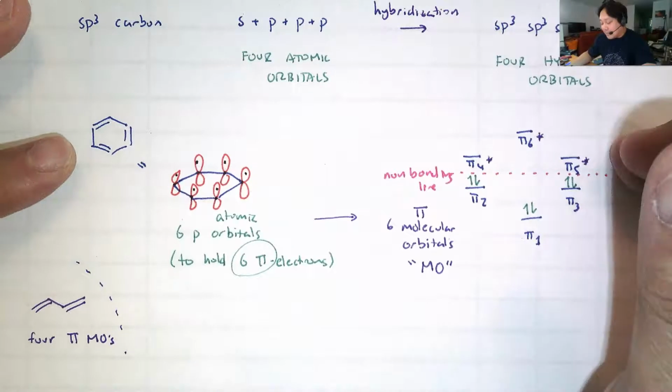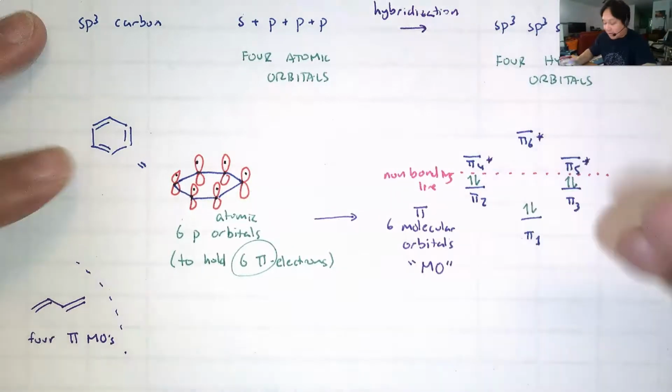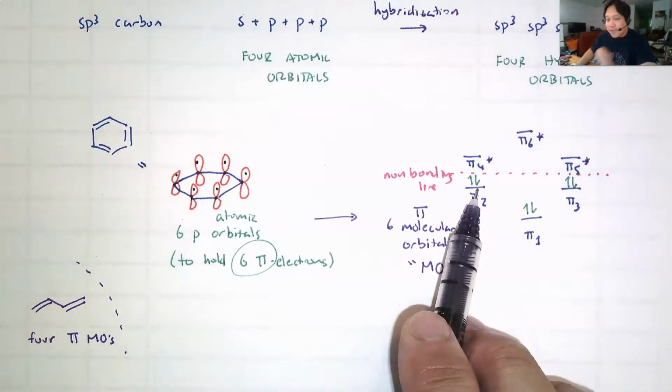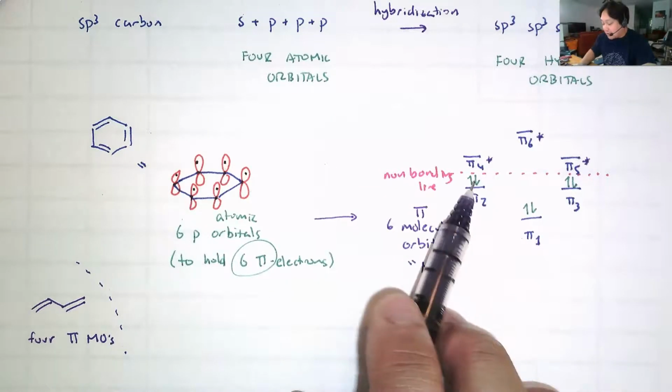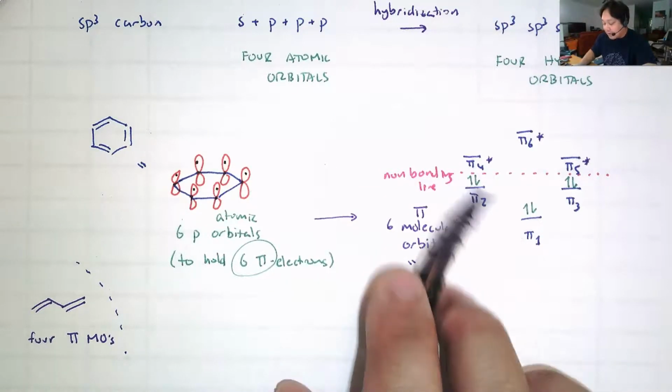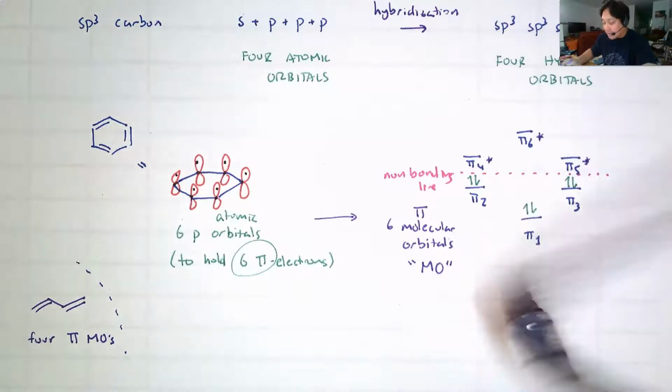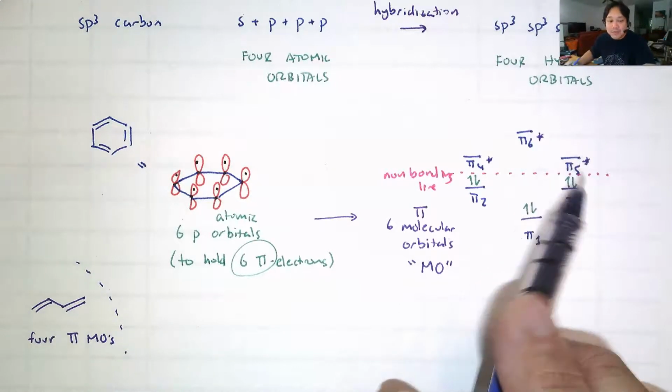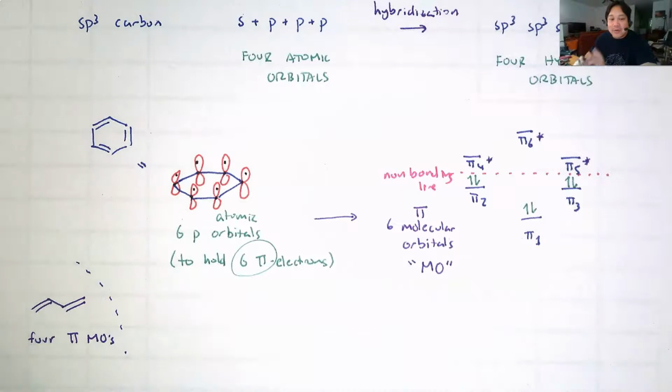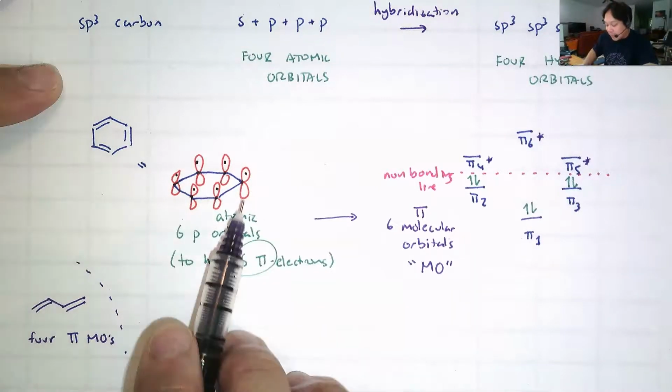We know that they exist because when you excite electrons by pulsing them with energy, that electron will jump to the next higher energy level. And it has to jump somewhere, and it jumps into these other MOs. I'm not showing you visually what these MOs look like, like I'm showing you visually how the p orbitals look.